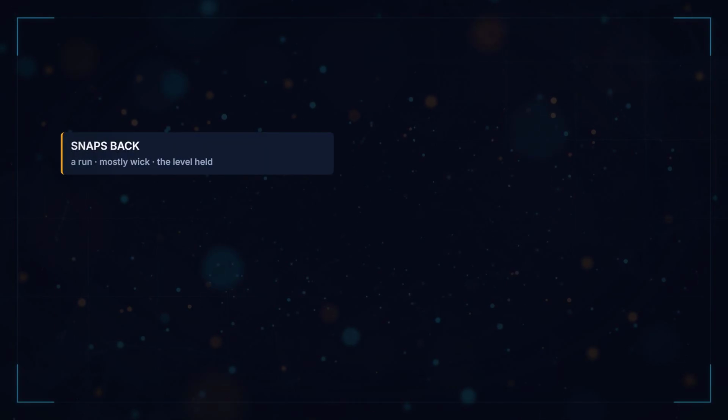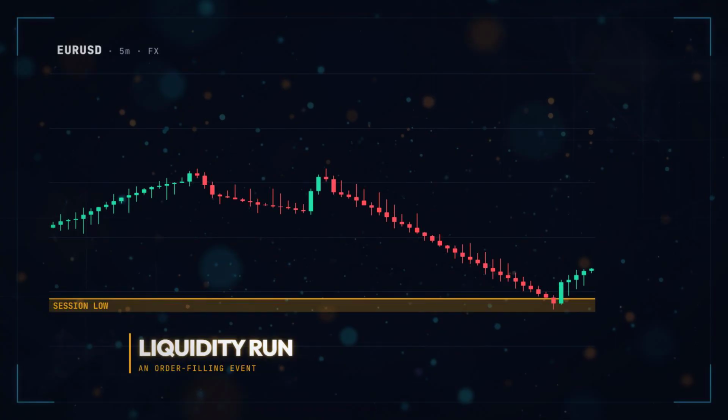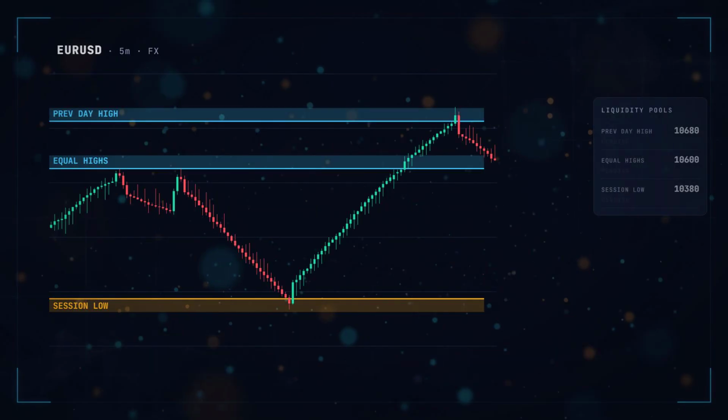If it snaps back, it was a run and the level did its job. If it holds and consolidates above, it wasn't a run, and you need to stop treating it like one. That's a liquidity run. Not a fake out, not a manipulation, just an order-filling event that leaves a very recognizable shape.